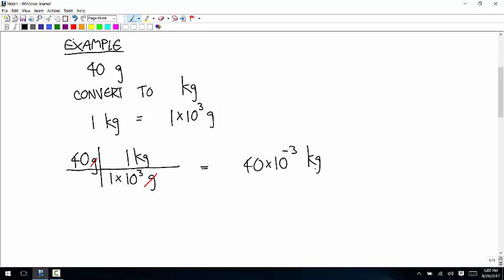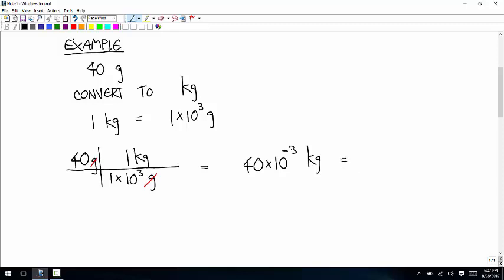So those are the two ways you can go. You can go from something with a prefix to something without, and something without to something with. And you can go from something with a prefix to a totally different prefix, different units or whatever, by just combining these two. To put this in scientific notation, what do you have to multiply or divide the 40 by to give one leading digit?